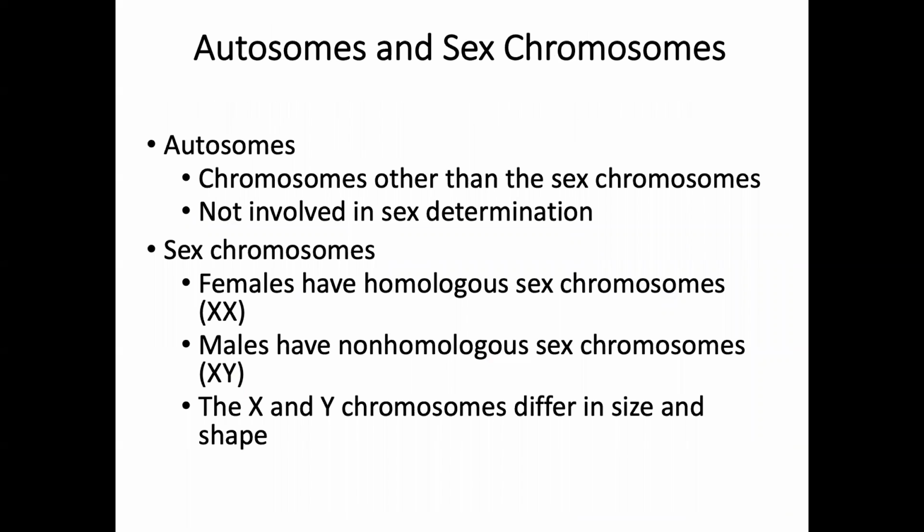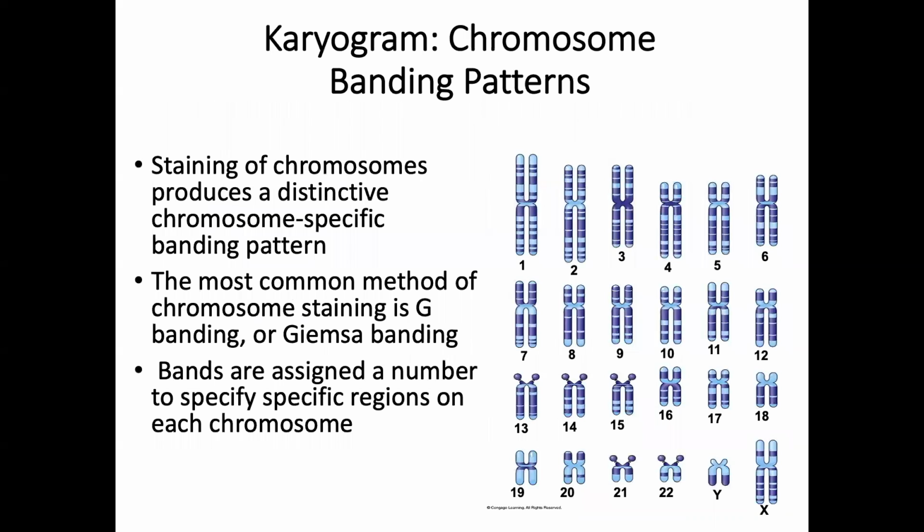This slide is a quick reminder that chromosomes can also be grouped into autosomes and sex chromosomes. We have 44 autosomes and 2 sex chromosomes, right? So we learned that. In order to study the chromosomes, scientists need to know which chromosome is which.